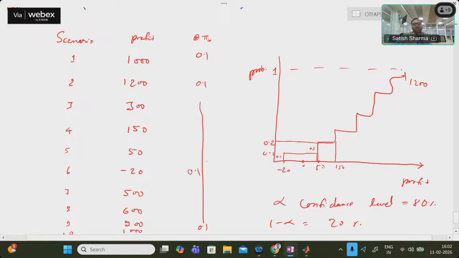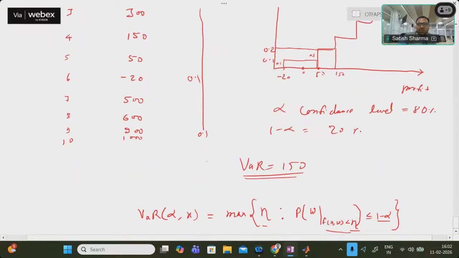And so I can start with different values of eta. So let's say if eta is minus 20, then the probability for which this f(x) is less than eta is only 0.1, and it is less than 20%, so that satisfies.